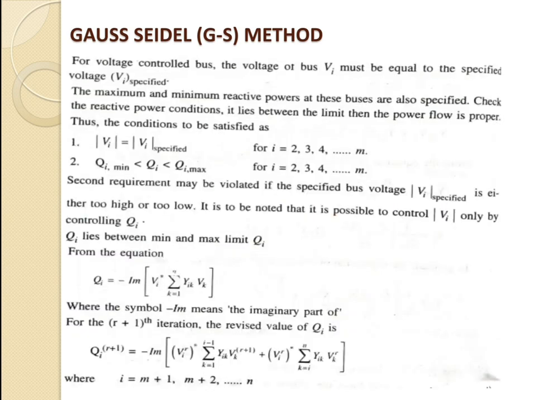For the voltage control bus, the voltage of bus Vi must be equal to the specified voltage, Vi specified, for i equals 2 to m. Second, Qi minimum is less than Qi, which is less than Qi maximum. The maximum and minimum reactive power at these buses are also specified, so we have to check the reactive power.